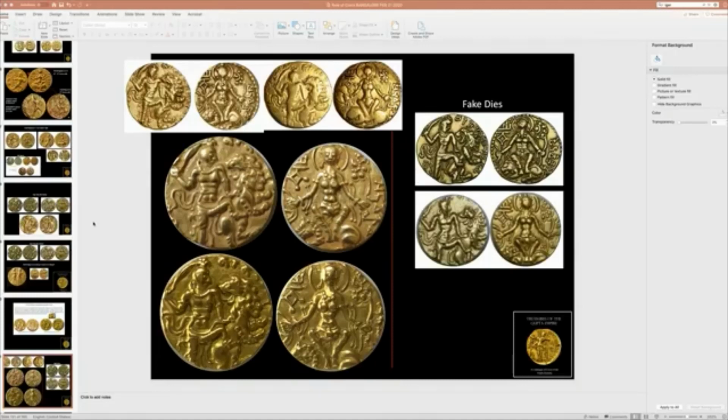In the coming next talk, we will discuss the base metal coins. We'll start with the coins of Kumaragupta, but before we go to the coins of Kumaragupta, we'll start with the base metal coins of Chandragupta II, showing the different coins which show his start of the conquest, including silver coins which have dates on them.